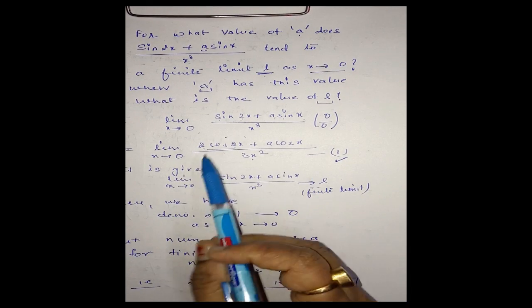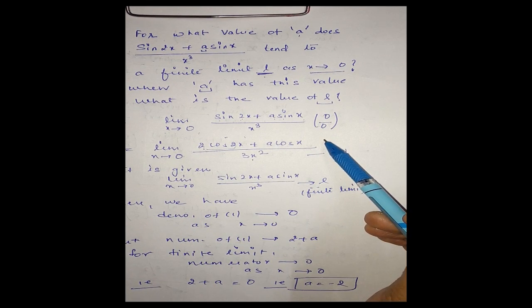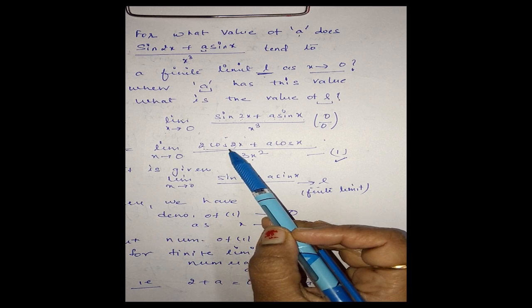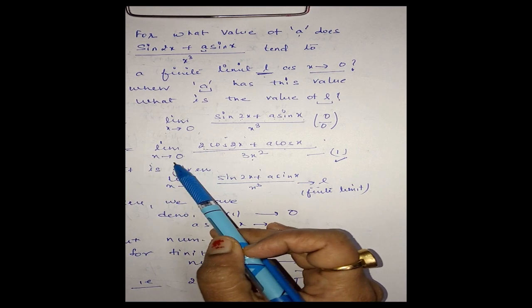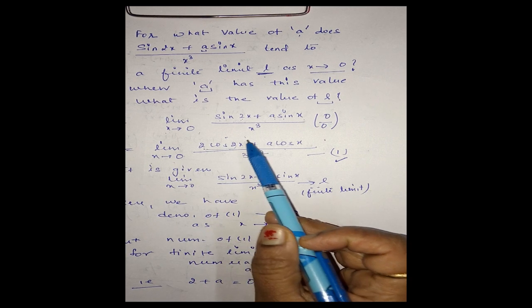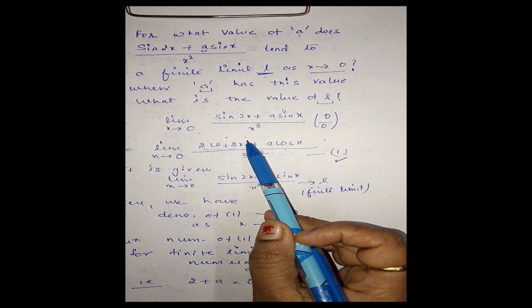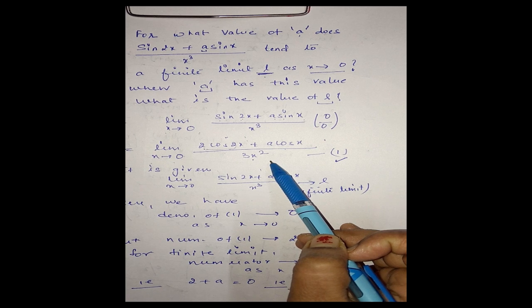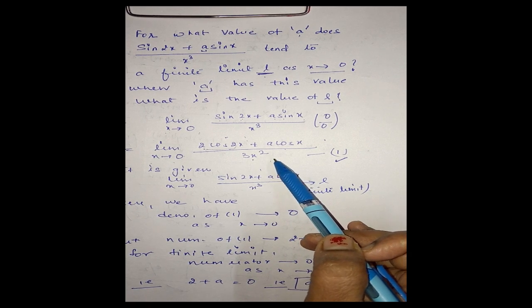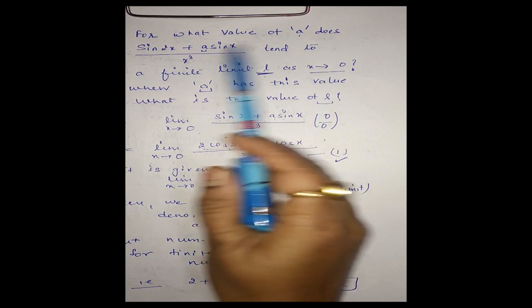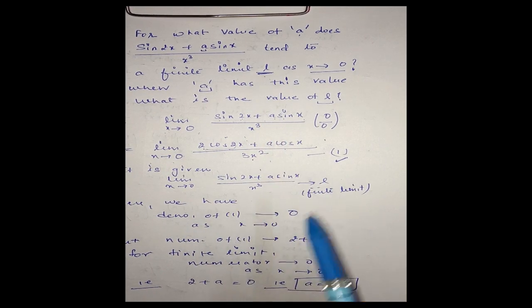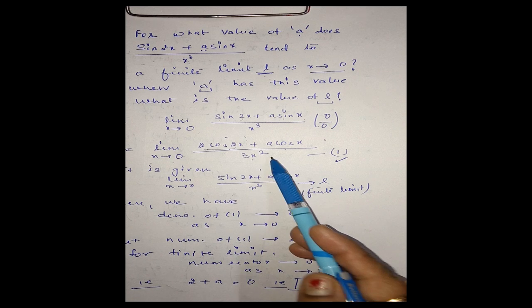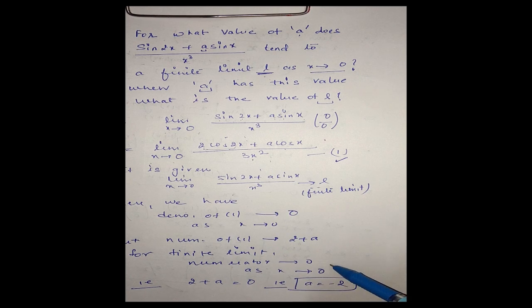Since on applying L'Hopital rule once, we have (2 cos 2x + a cos x) / 3x squared. On taking the limit as x tends to 0, we have 2 plus a in the numerator, but in the denominator we have 0. The question is that we have to find the value of a for which we get a finite limit L. Now if the denominator tends to 0, the numerator should also tend to 0.